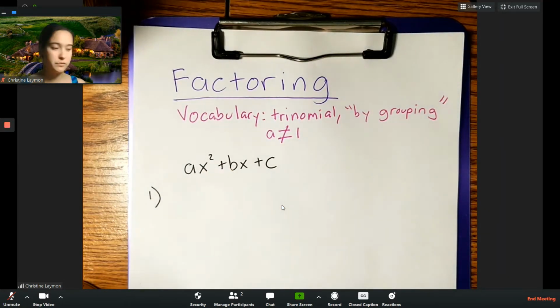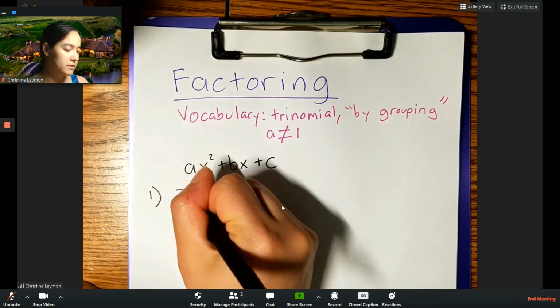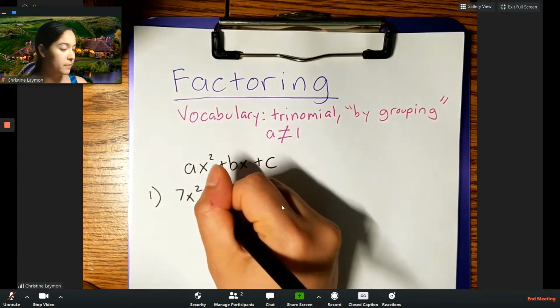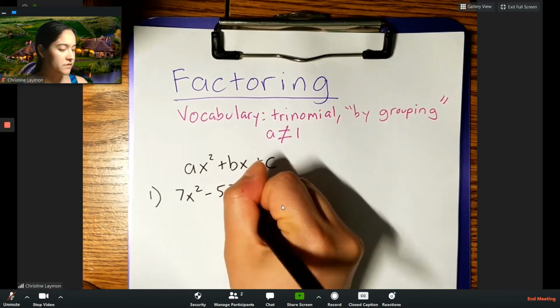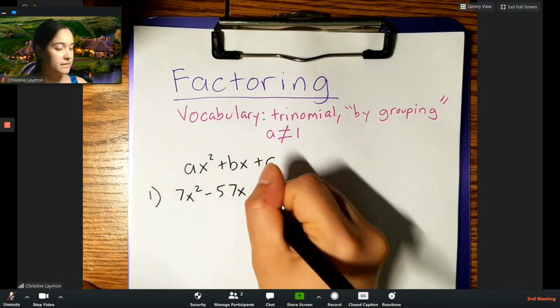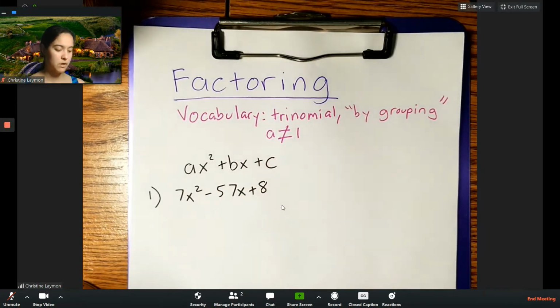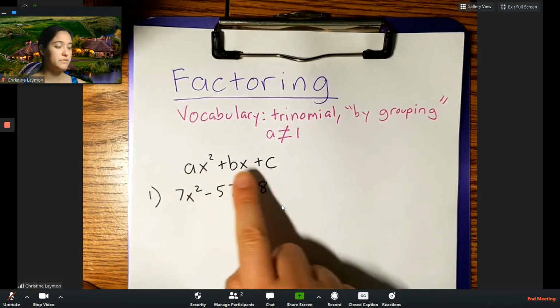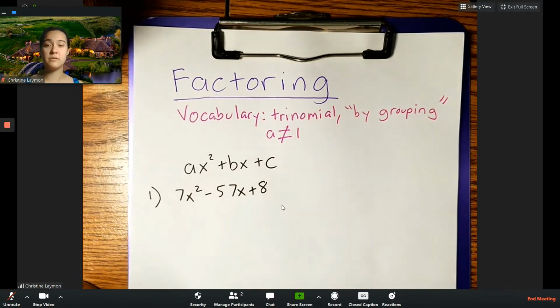For this first one, I'm going to start out with 7x squared minus 57x plus 8. When I factor a trinomial by grouping, I'm going to find what multiplies to a times c and also sums to b.